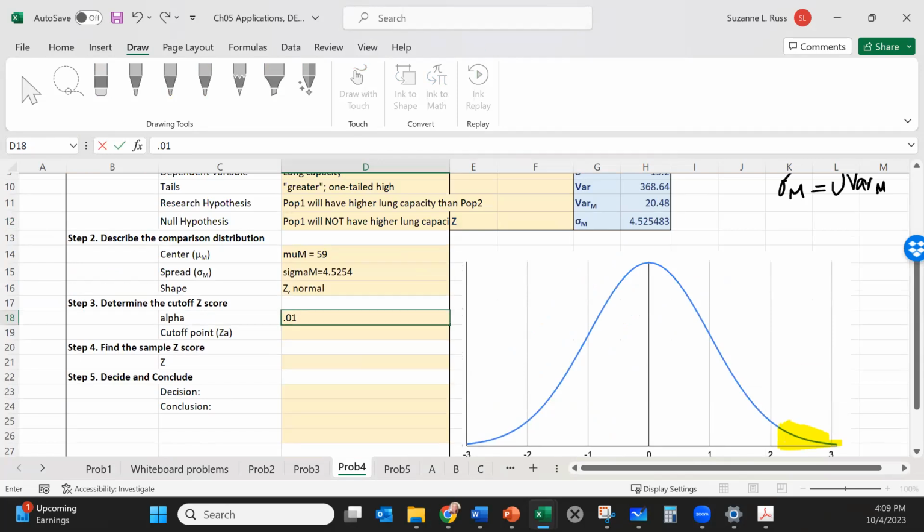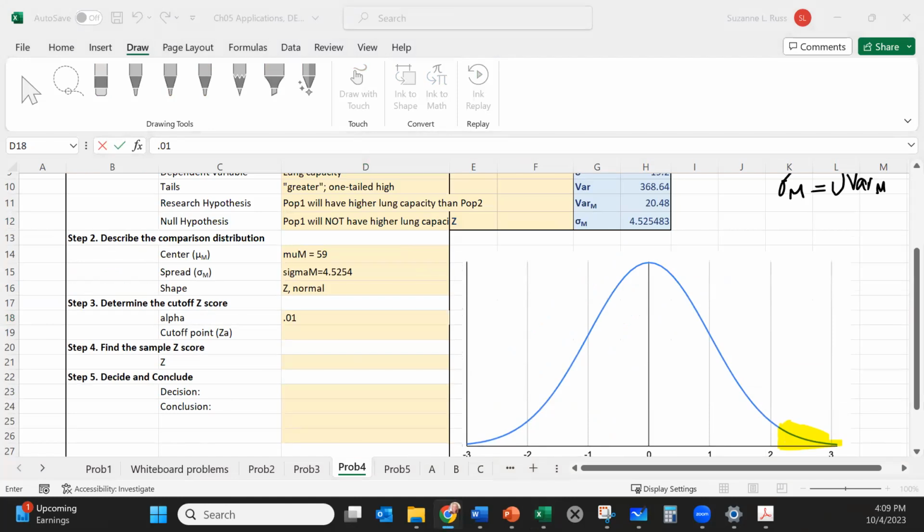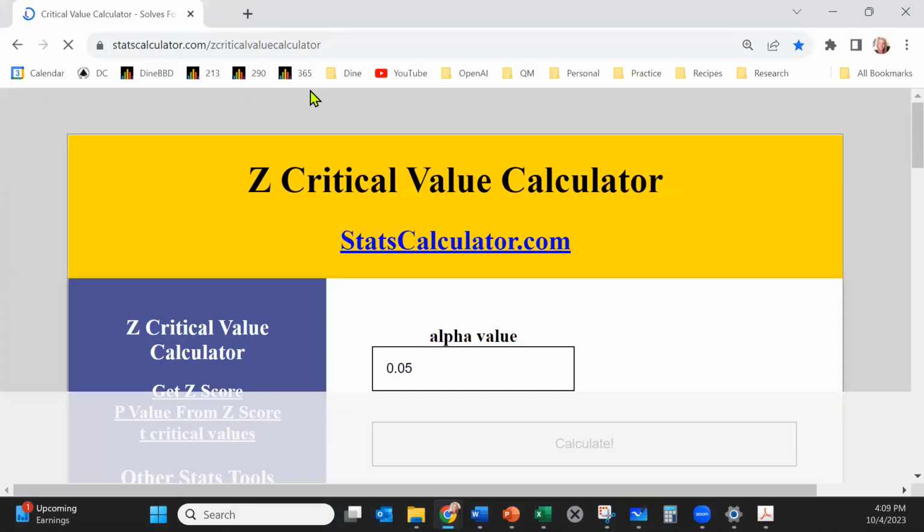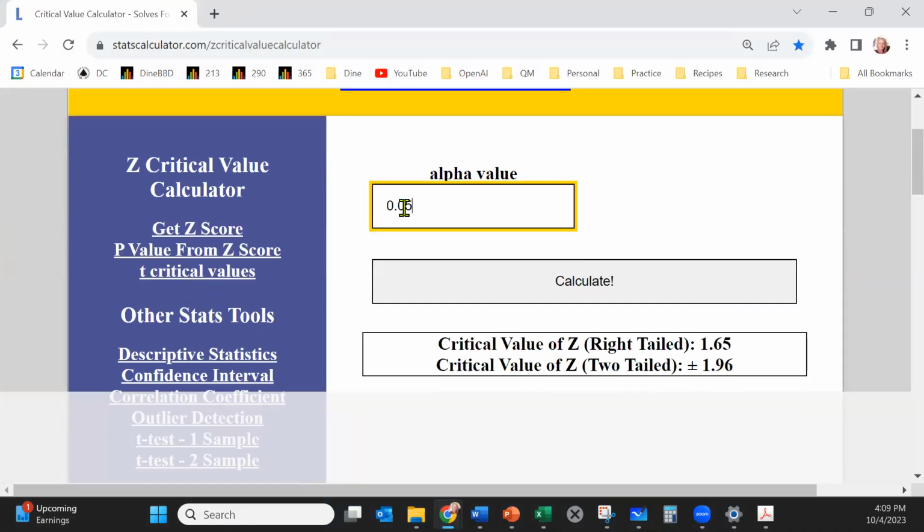To determine that, we need to simply get out our z distribution calculator. I inadvertently closed it out, so I'm going to pull it up again real quick here. So here is our calculator tool. And you can see alpha, again, that's the significance level.